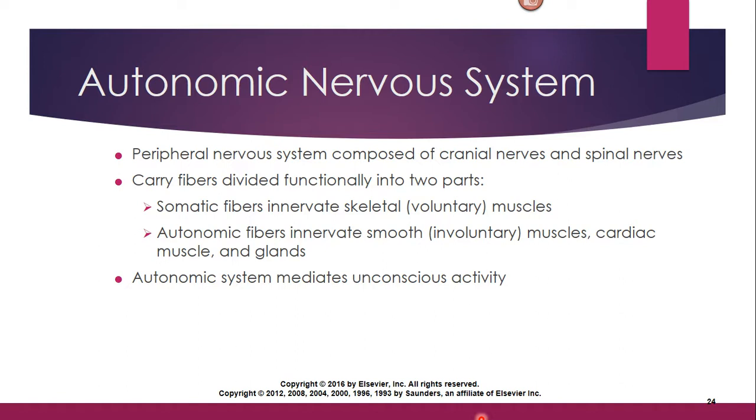So our autonomic system is on the unconscious level. If we had to tell our heart to beat every minute, or every second, we'd never get anything done. So that's the nice thing, we have an autonomic nervous system.